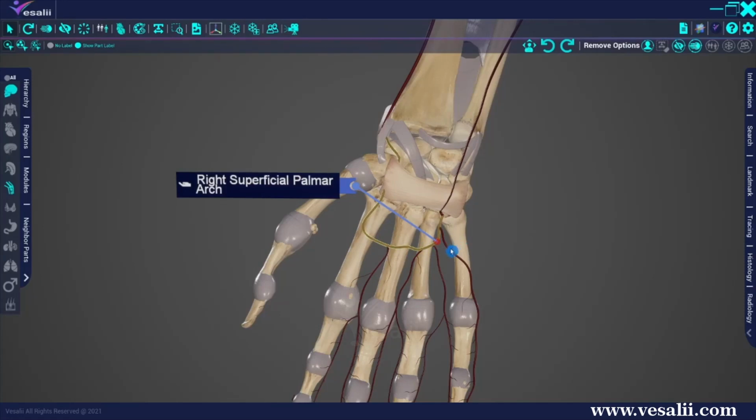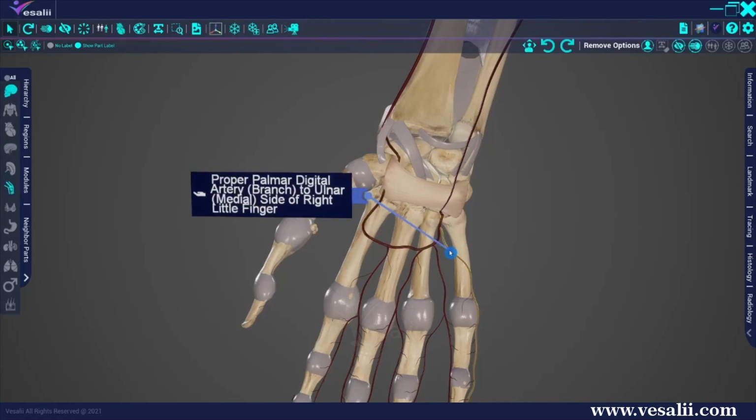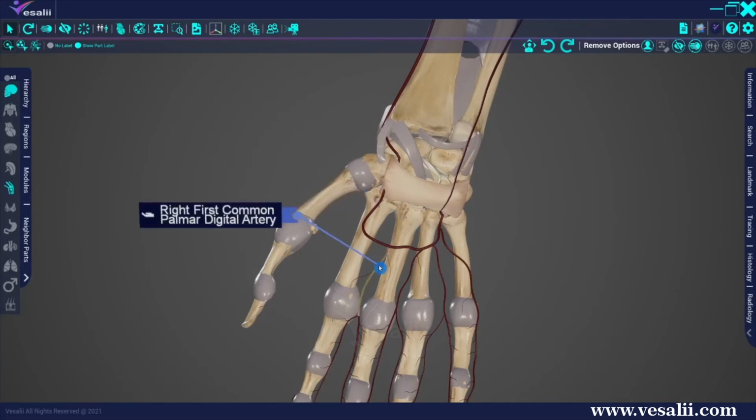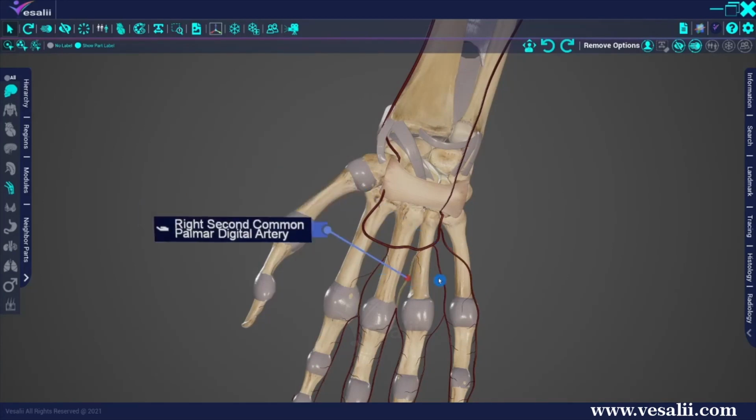These are 1 palmar digital artery to the ulnar side of the little finger and 3 large common palmar digital arteries that supply the medial side of the index finger, both sides of the middle and ring fingers, and the radial side of the little finger.